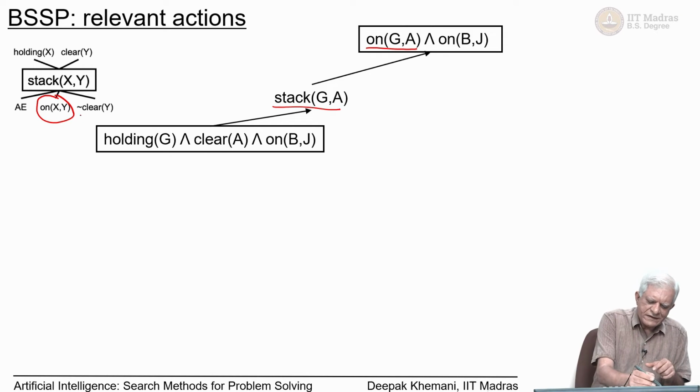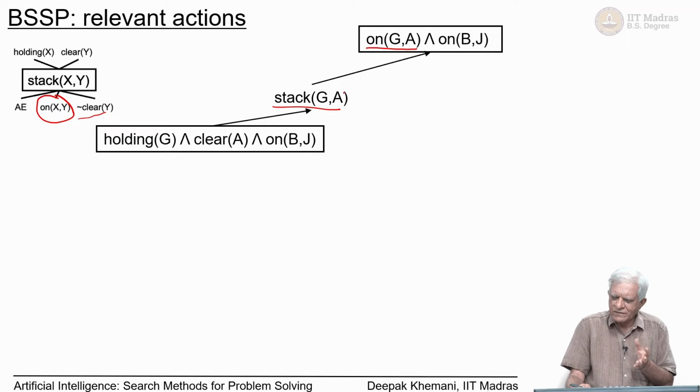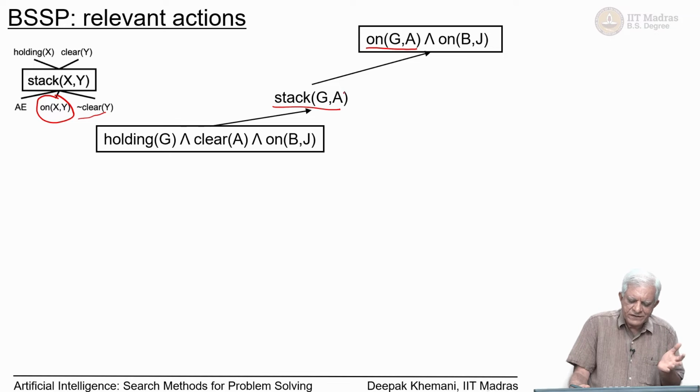The only thing it is deleting is clear Y. What is clear Y? It would correspond to delete clear A, but that does not affect our goal. We have not stated whether A should be clear or not clear, so that does not matter.